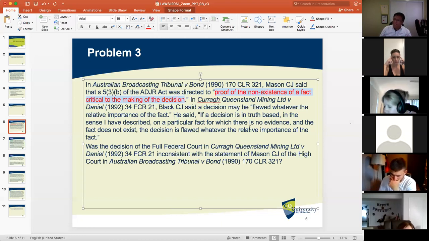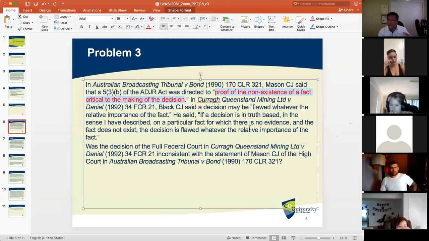So what it tells us is, let's assume that there is a decision that is made by the executive, and we know that there is a finding of fact that is made. And for that finding of fact, there's actually no evidence to support it. Let's be clear about this.